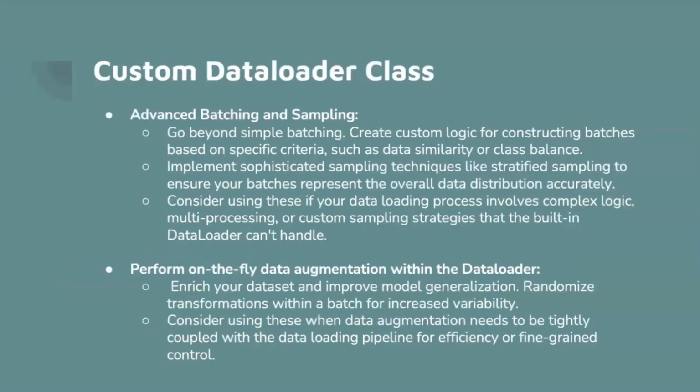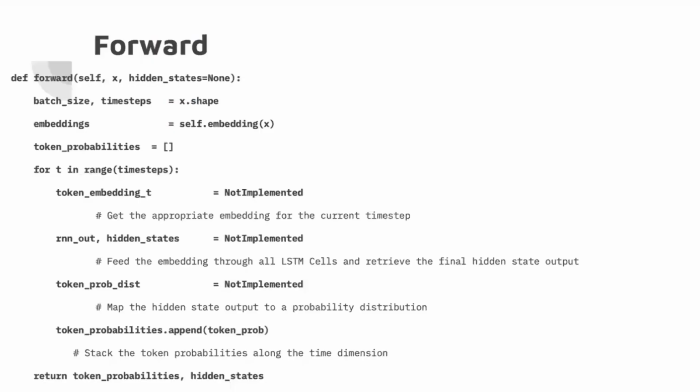And then in the end, we would be returning the token probabilities list that corresponds to what your model thinks the next token is going to be for each time step. So for each time step, we get the embedding up to the current time step. And what we mean by this is that we're going to be predicting from the current time step. So back to the data loader. We have three time steps here, right?